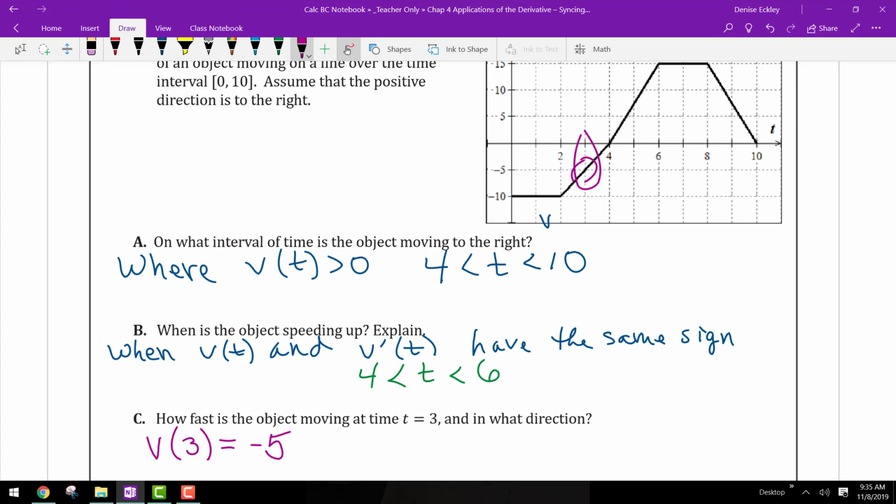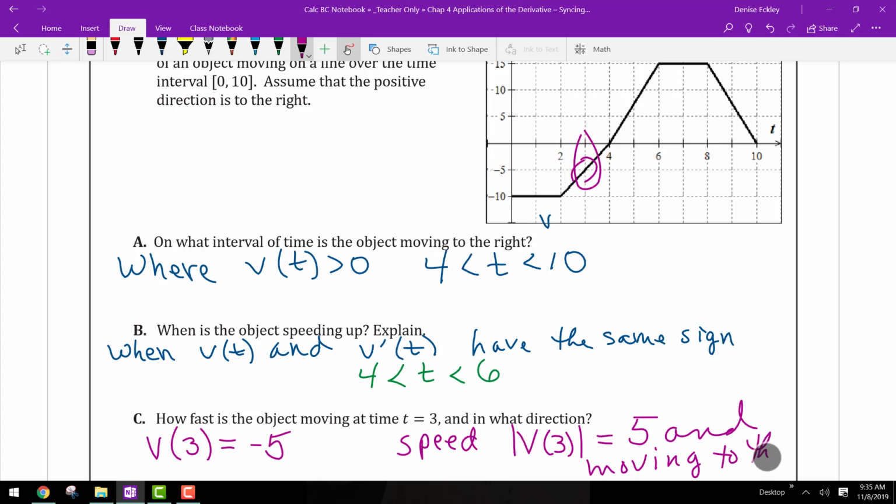So the speed is going to be the absolute value of that, which is going to equal 5. And moving to the left, since the velocity is negative.